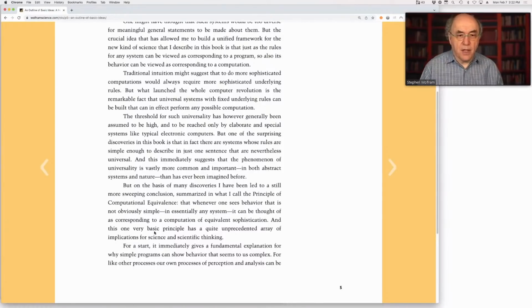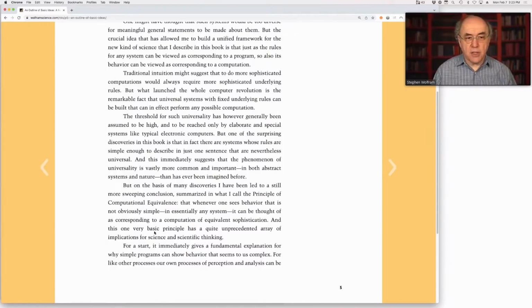And this one very basic principle has a quite unprecedented array of implications for science and scientific thinking. And I have to say that I thought there were many implications back 20 years ago, but they pale in comparison with what is now clear exists.